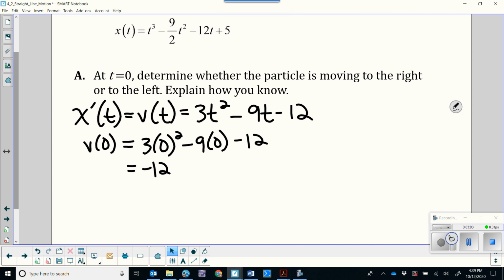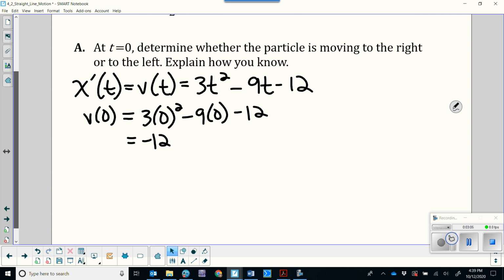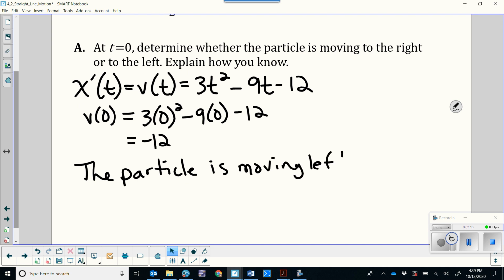First of all, tell me which way it's going, and I would say the particle is moving left, because v of 0 equals -12, which is less than 0, and that's it. That's all you have to say, because with negative velocity it's moving left, positive velocity, moving right.